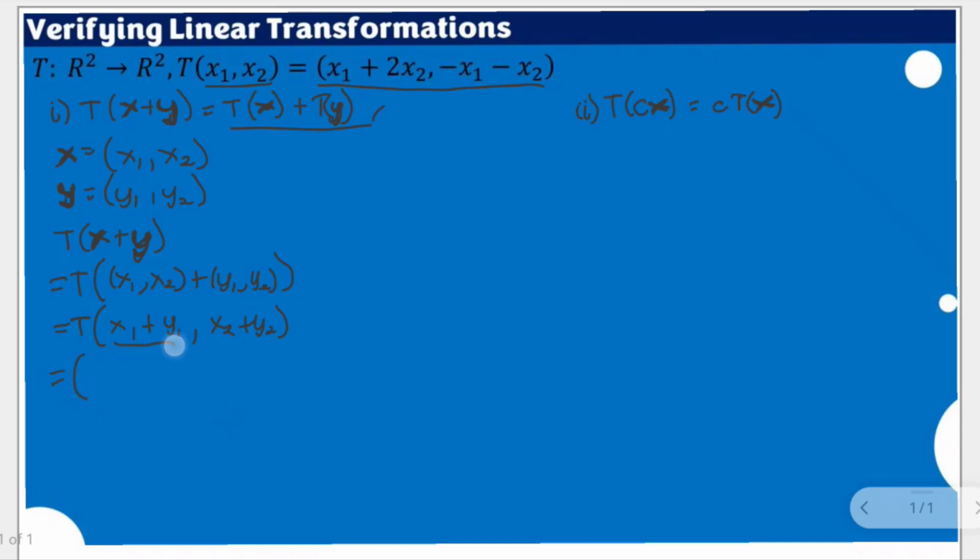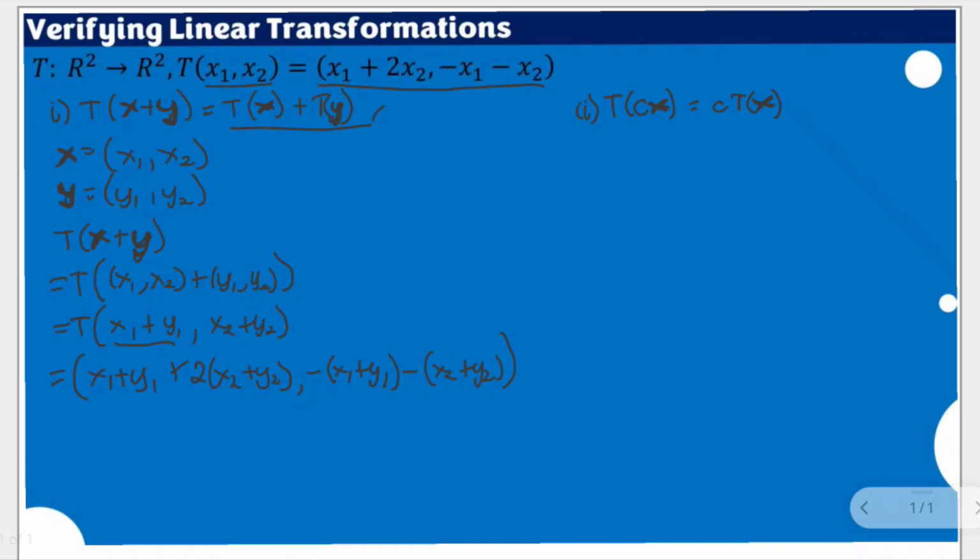The first entry is x sub 1 plus y sub 1 plus twice the second entry, twice x sub 2 plus y sub 2. And the second will be minus x sub 1 plus y sub 1, and then minus x sub 2 plus y sub 2.